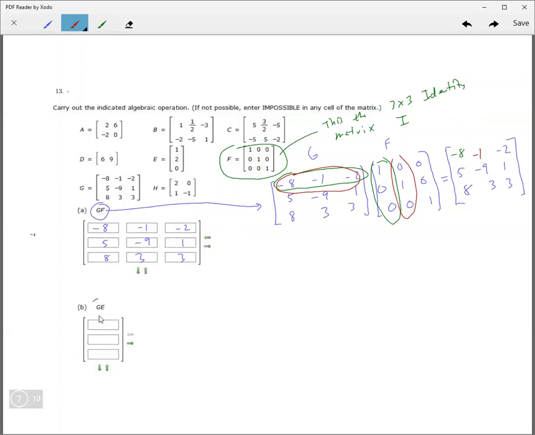So here we have GE. And so G again is this matrix here.